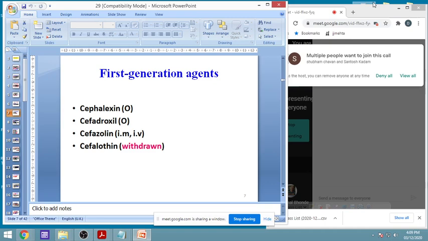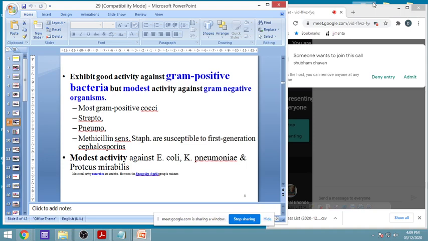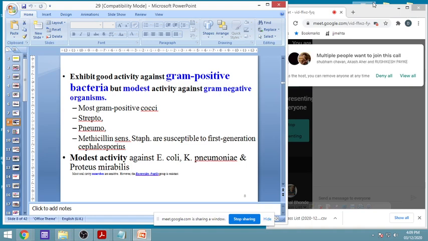Examples of these are cephalexin, cefadroxil, cefazolin, cephalothin. Cephalothin is nowadays withdrawn. They exhibit good activity against gram positive bacteria, but modest activity against gram negative organisms.